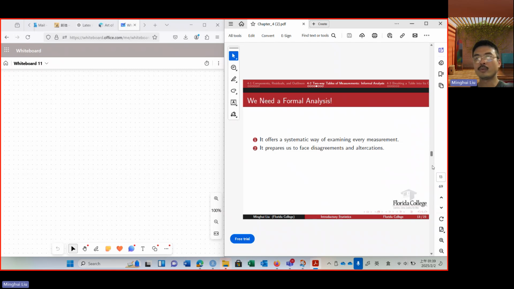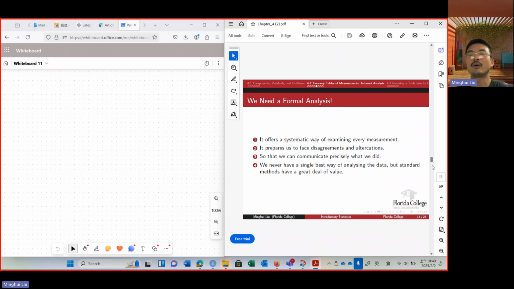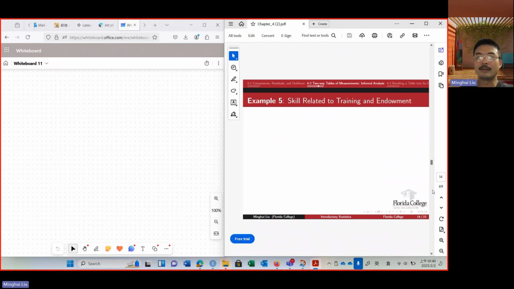If people disagree with our conclusion, we can show them that, hey, this is what our formal analysis indicates. And we can also communicate precisely what we did. Having said all this, admittedly, there is no single best way of analyzing the data. But usually the standard methods have a great deal of value.